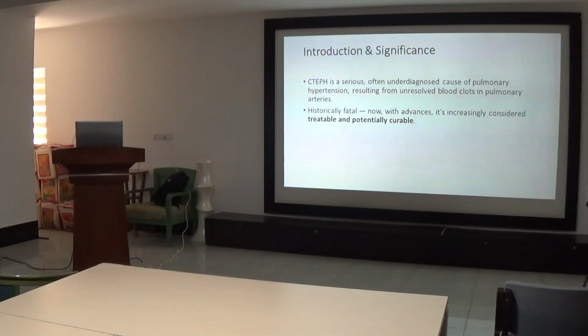So for calculating PVR, we subtract PAP, pulmonary artery pressure, minus the LA appendage or LA pressure, which is also called pulmonary capillary wedge pressure, divided by the cardiac output. That gives you the pulmonary vascular resistance.